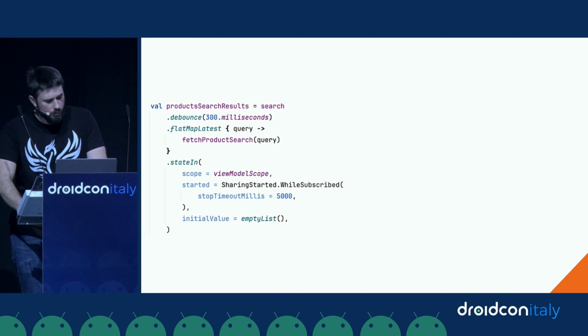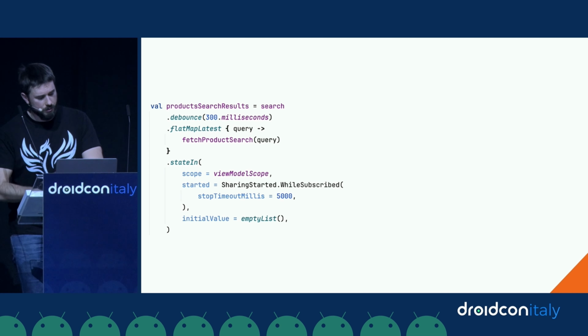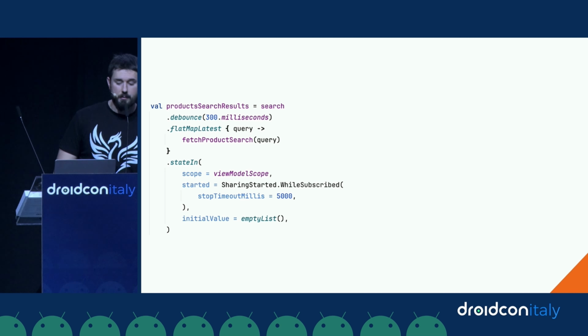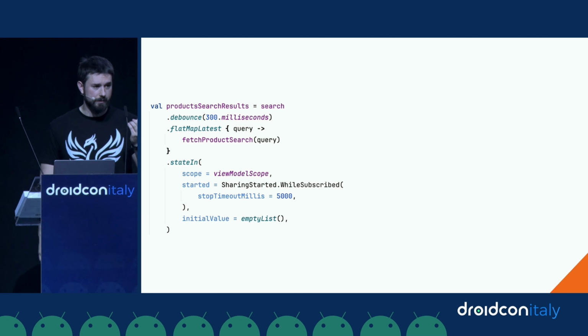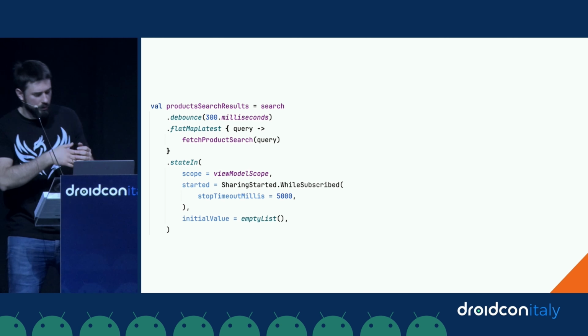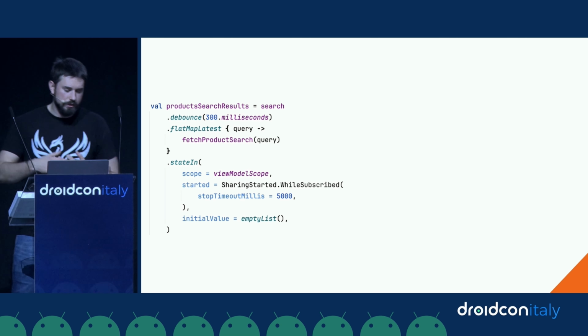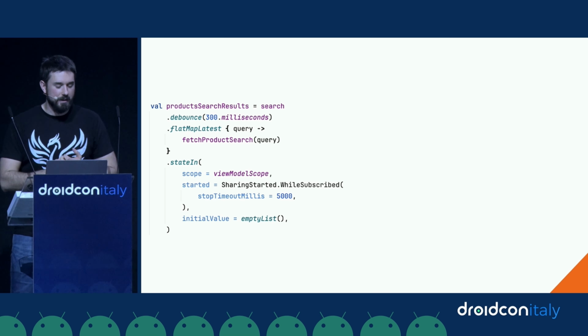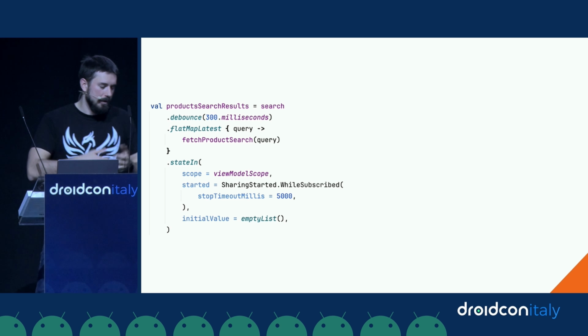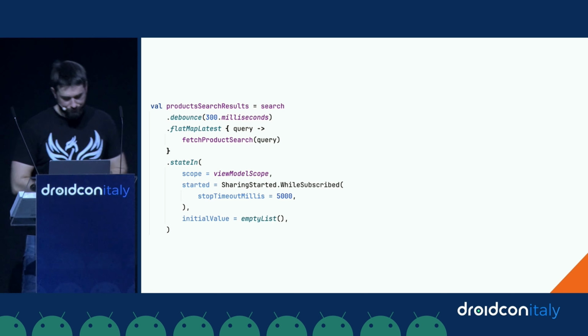The last thing I want to present here, as I also see it quite often in Android projects: in Android, we often have some observable search. When someone is typing, we want to provide some suggestions or display some elements.